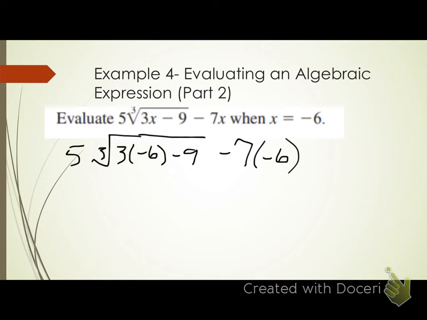Be careful here that -7 times -6 is not under my radical. So I cannot put it under my radical. The only things that are under the radical are the 3 times -6 minus 9. Okay? All right. Let's go through our order of operations.